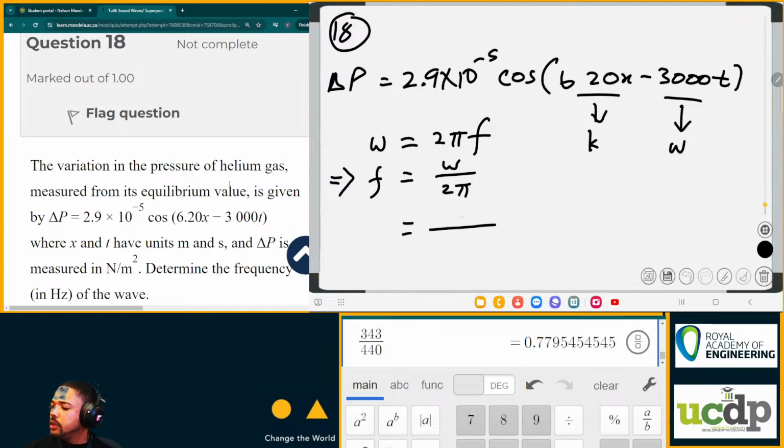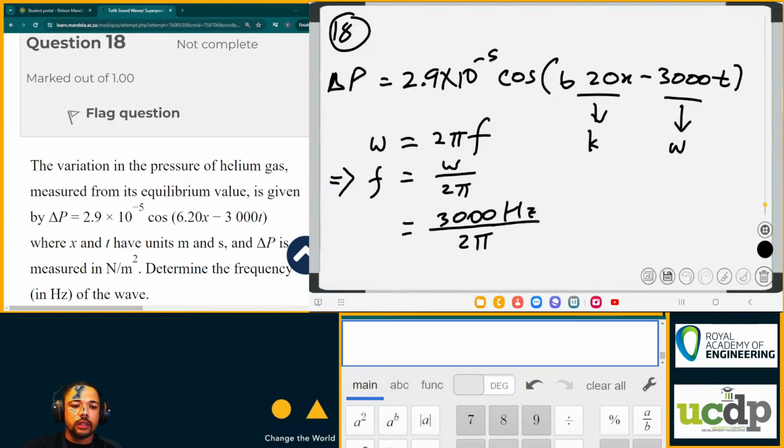Now the angular frequency in this case is 3000 rad per second divided by 2 pi. Let's see how much we get. Let's clear this.